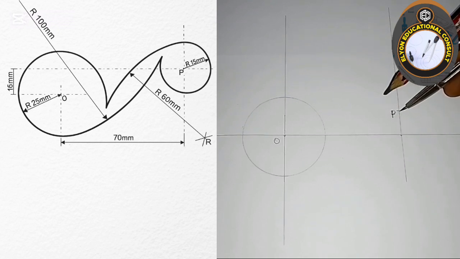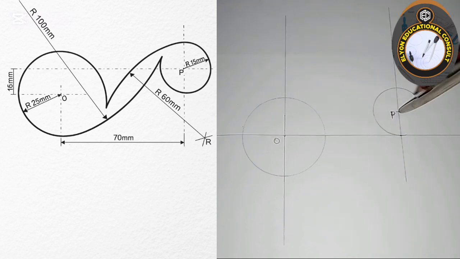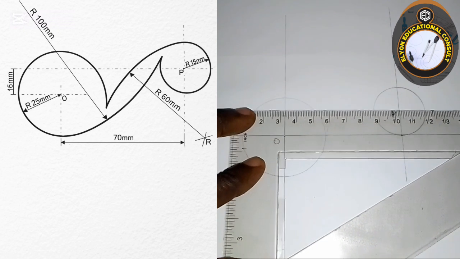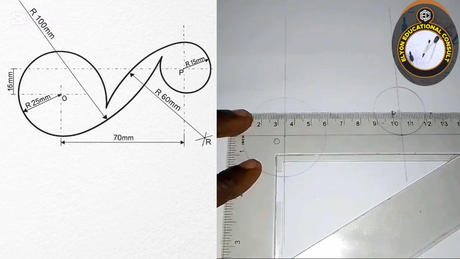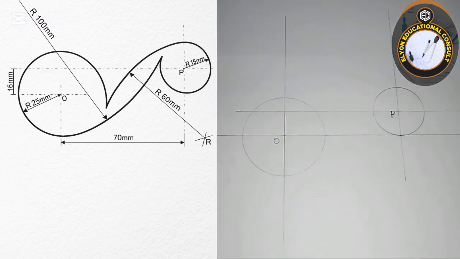So with this same 15, needle at this point P, I will produce this circle this way. So that is the center of the circle.